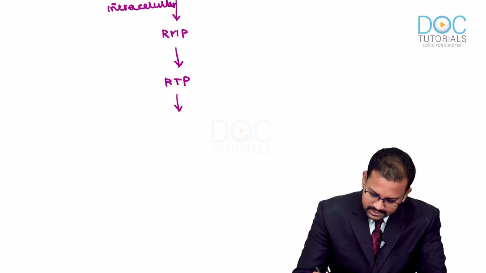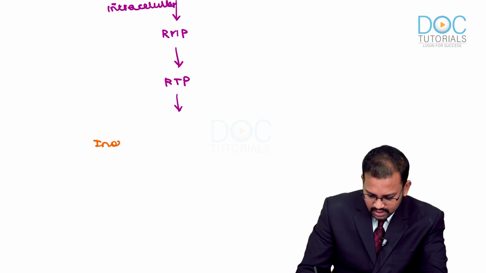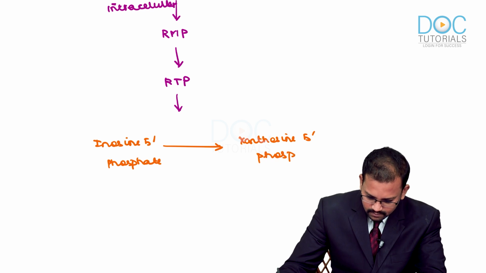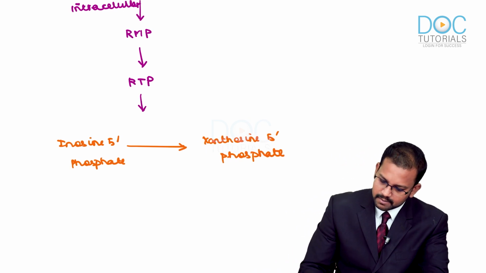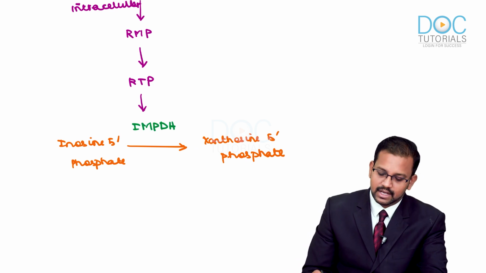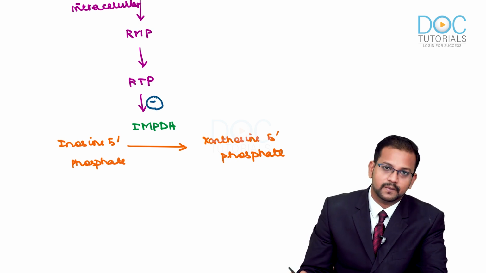And what's that enzyme, guys? The enzyme which aids in the conversion of inosine 5-phosphate to xanthosine 5-phosphate. This conversion is aided by the famous enzyme, inosine monophosphate dehydrogenase, which is going to be inhibited by this RTP Ribavirin molecule.